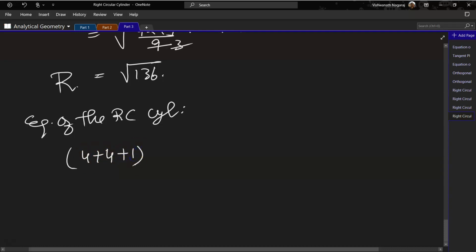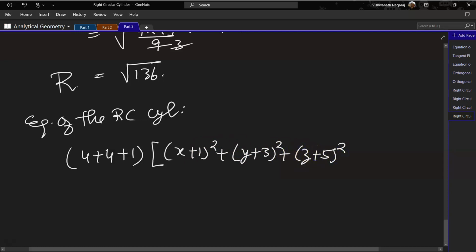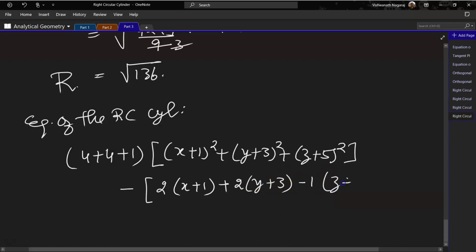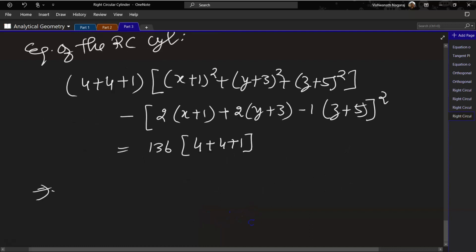So 1 times (x minus minus 1), that is (x plus 1) square, plus (y plus 3) square plus (z minus minus 5), that is (z plus 5) square, minus (2 times (x plus 1) plus 2 times (y plus 3) minus 1 times (z plus 5)), the whole square is equal to r square, that is 136 times (L square plus M square plus N square). Now we need to simplify this.